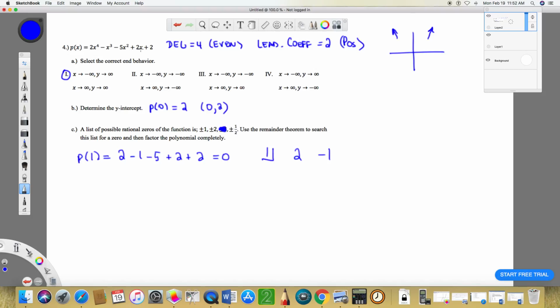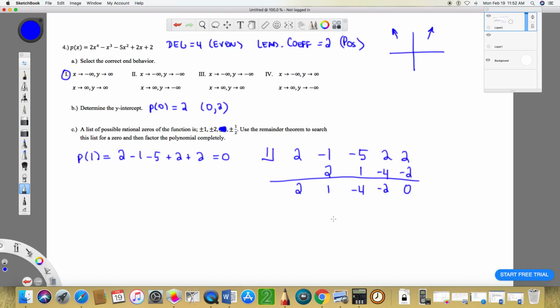It goes 4, 3, 2, 1, and a constant, so there's no missing powers. And there was no greatest common factor among all the terms. So we're fully expecting this to be a 0 over here. If not, something's wrong somewhere. And that's what we get.